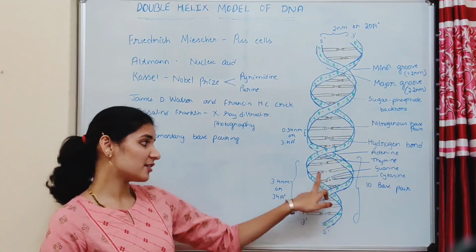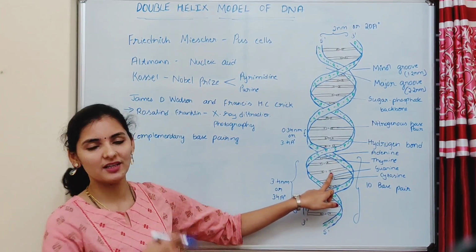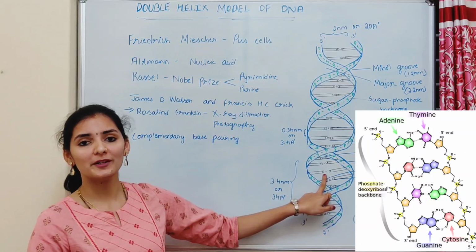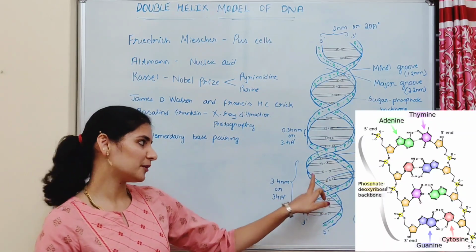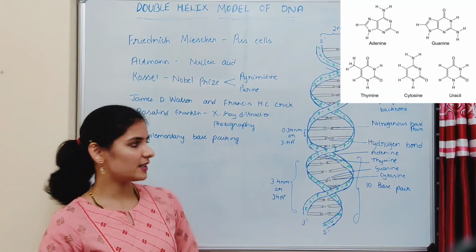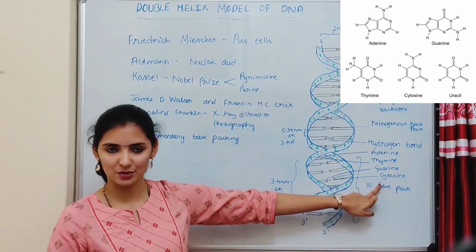The base which is present on one strand always pairs with the base which is present on the other strand. And this base pairing is mainly due to the formation of hydrogen bonds between the bases. The four bases present in DNA are adenine, thymine, guanine and cytosine.